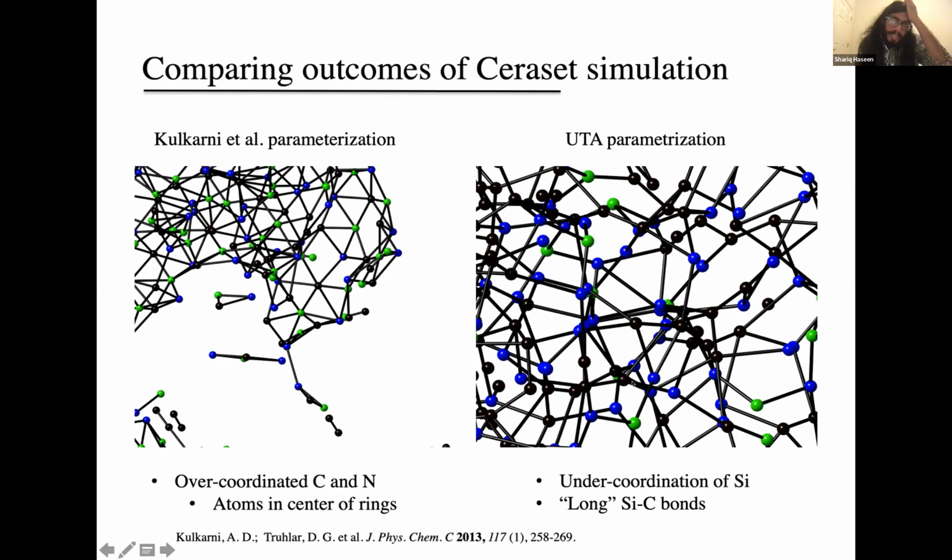On the right, we have the outcome of our simulation, and we can take a close look at local bonding. It's not like our parameter set is perfect, but it does avoid substantial issues that the Kulkarni parameter set had, though we do have a little bit of under-coordination of silicon and a lot of long silicon-carbon bonds, but that is something that can be addressed.